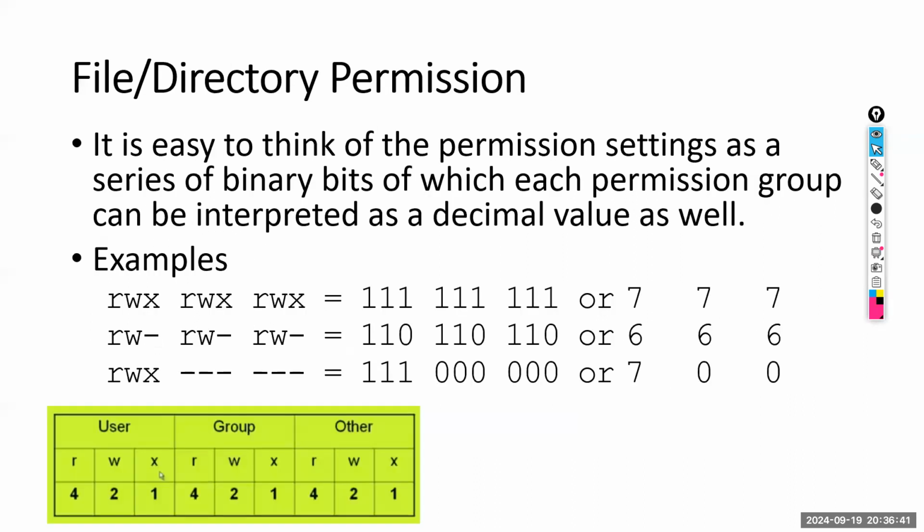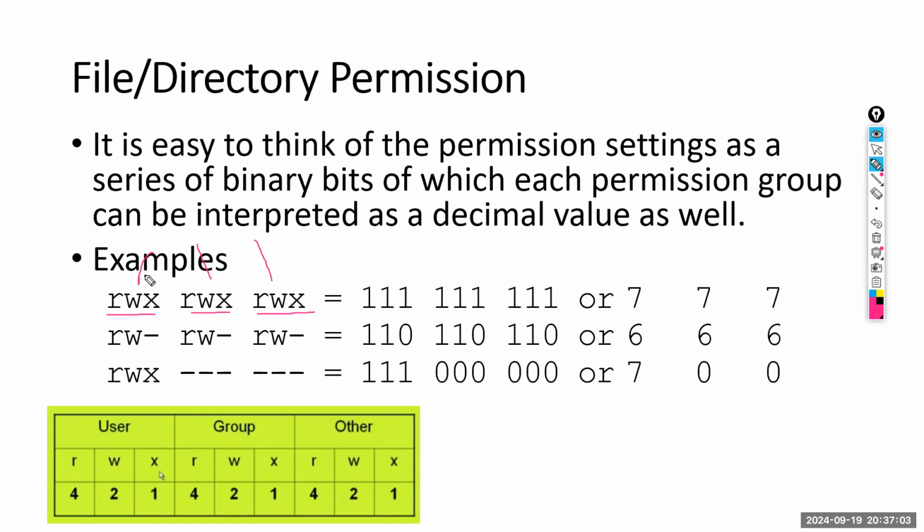Right, so this is how you give the permission. You may have seen this. There are 3 here, another 3 here, another 3 here. A dash, a hyphen, means that power is not there. So this is for the user, group, others.